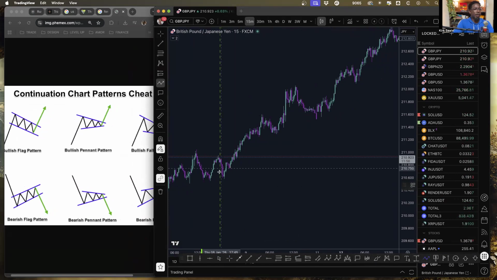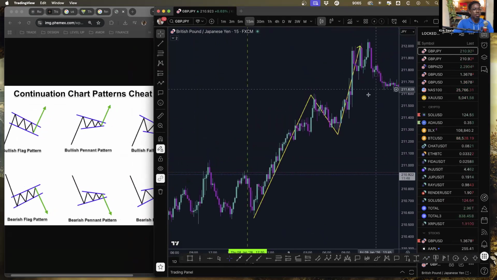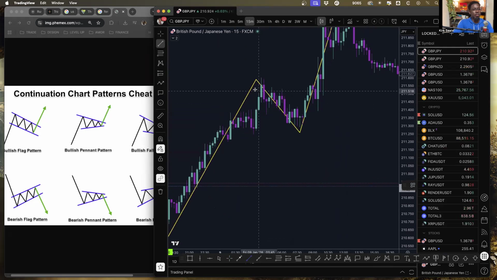Price came up to here, came down here, went back up again. So we're going to take a look at these candlesticks in the middle and see what kind of shape we end up with.